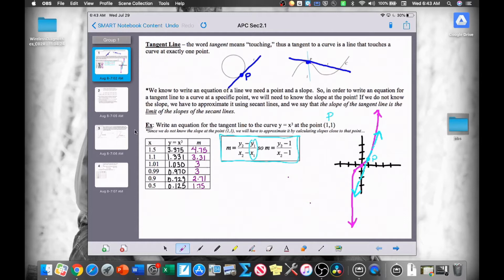Okay, but what we need to remember is that our point P, which is (1, 1), lies right in between x is 1.01 and x is 0.99.